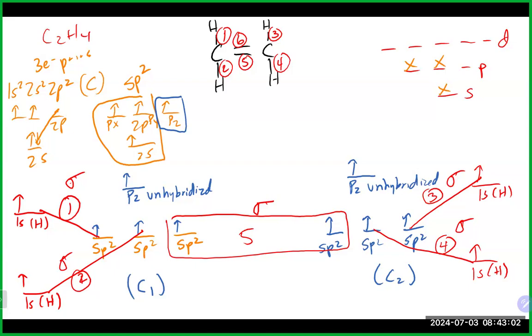Now, because this is an unhybridized p orbital, it is a regular p orbital on each side. So you've got this pz orbital and another pz orbital, which is the shape of a normal p orbital. It actually overlaps differently than all the rest of the bonds that we just did. All the rest of the bonds went head to head, straight at each other, into overlap. Here, because these are unhybridized p orbitals, we're going to get what is referred to as sideways overlap.